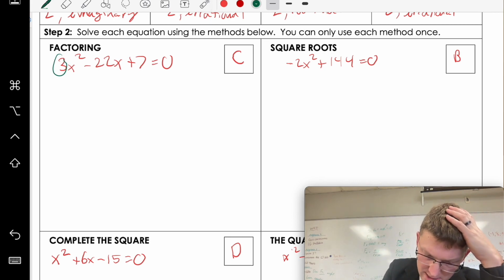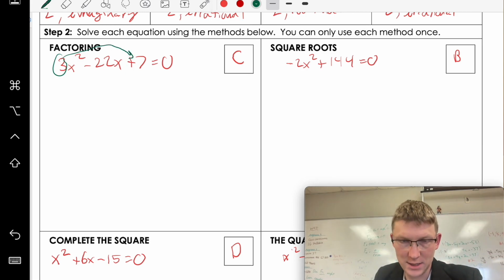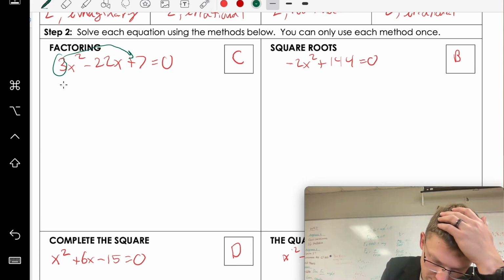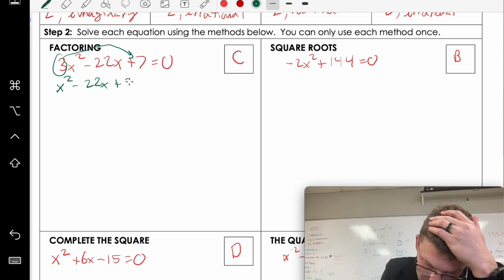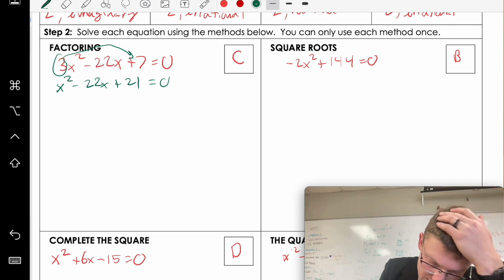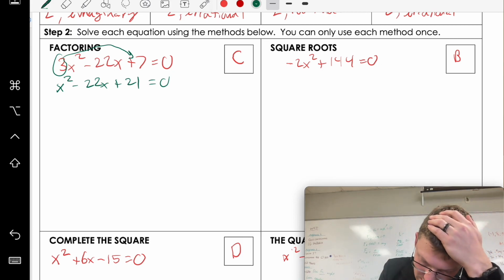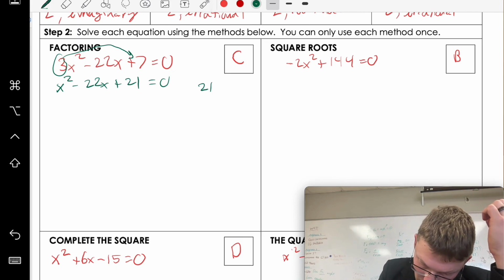All right, so my first one is factoring. What I'm going to do is take this guy, and if you remember how to factor, we're going to wrap that 3 into the 7. So now I'm going to have x squared minus 22x plus 21 equals 0. So that factors pretty nicely because the factors of 21 can be 1 times 21.